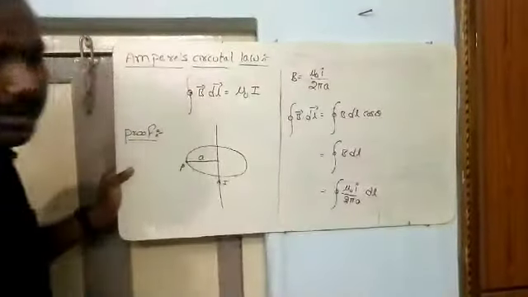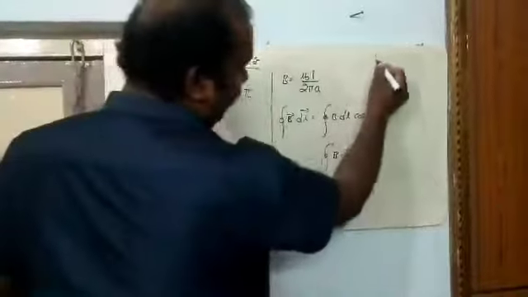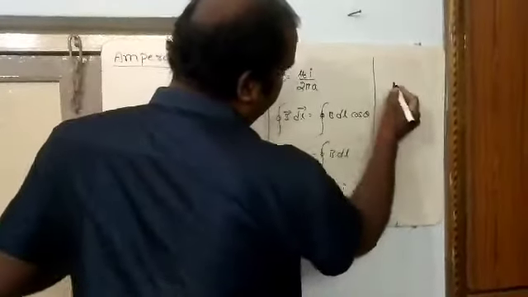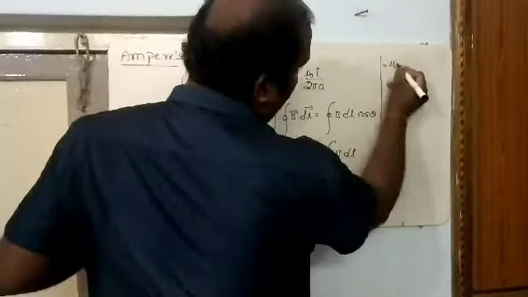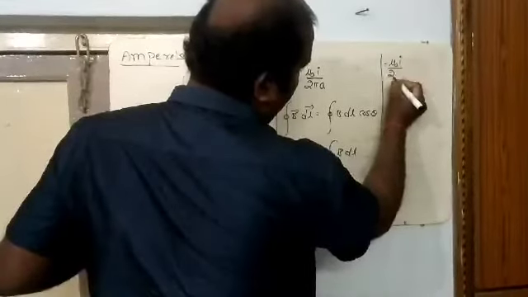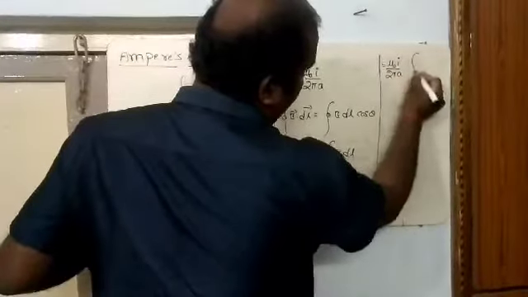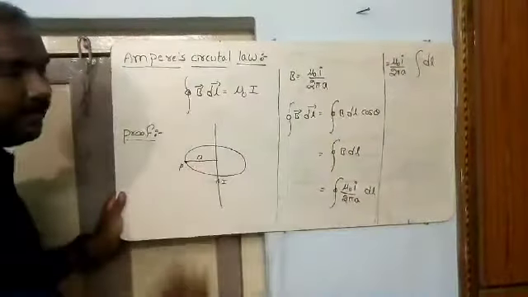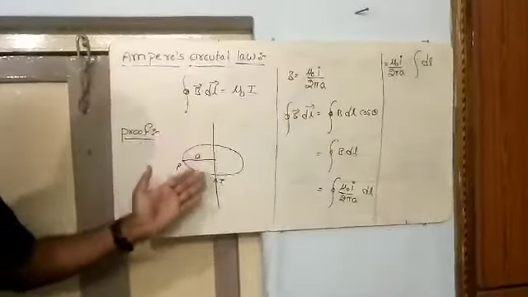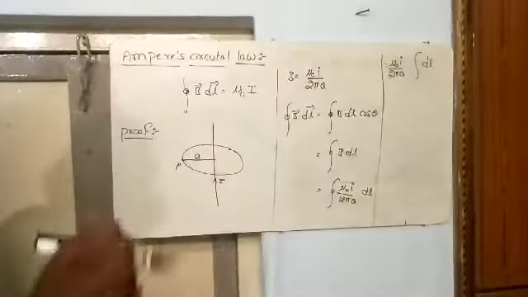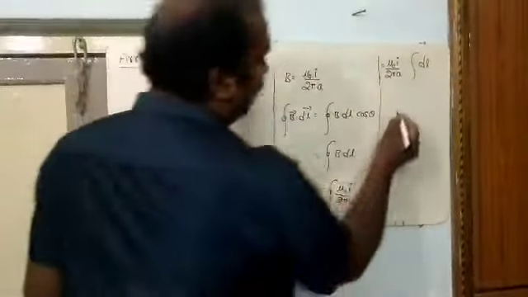Taking mu naught I by 2 pi a as common, it is equal to integral dl. What is the total length of this element? The total length is nothing but the circumference. So in place of integral dl, I can substitute 2 pi a.